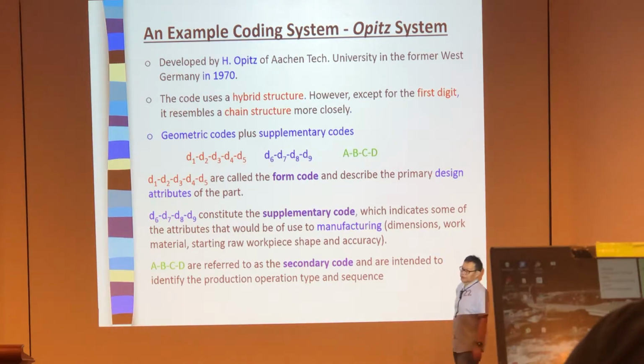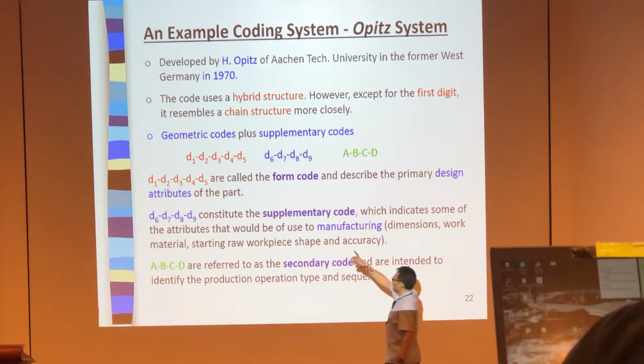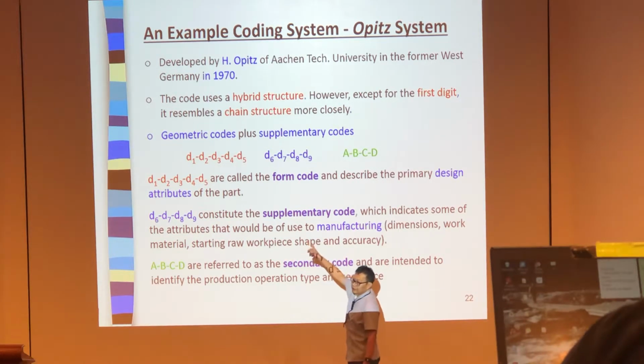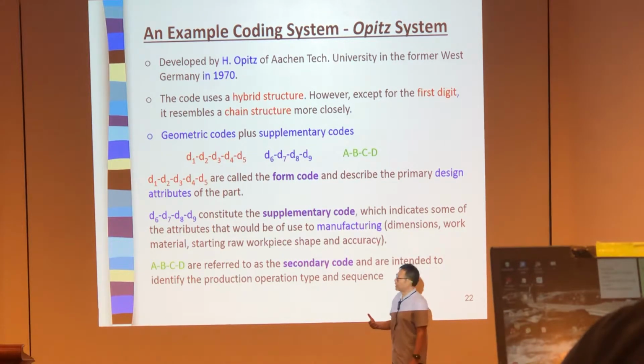But the first 5 are those used for representing the design attributes. So in total, you could use all of them, or if you want to, you can use section by section. For example, if you want it for a design application, you can try the first 5.